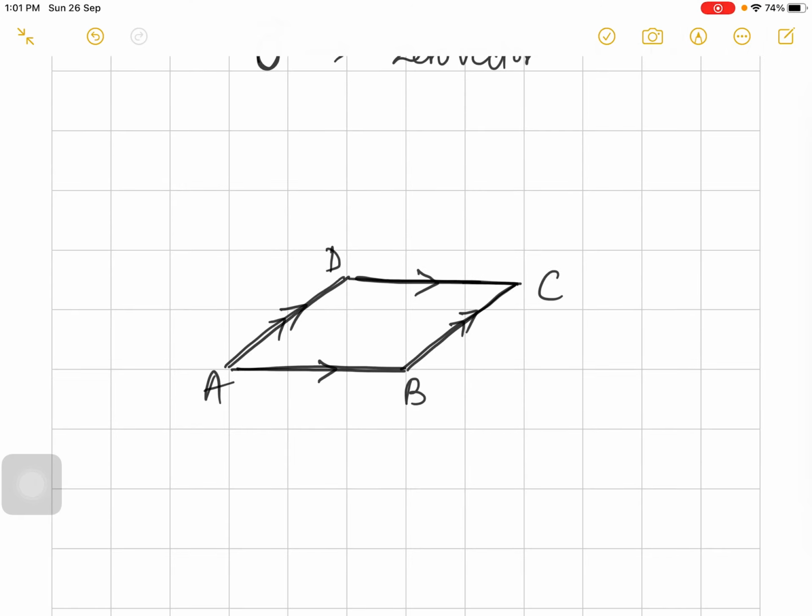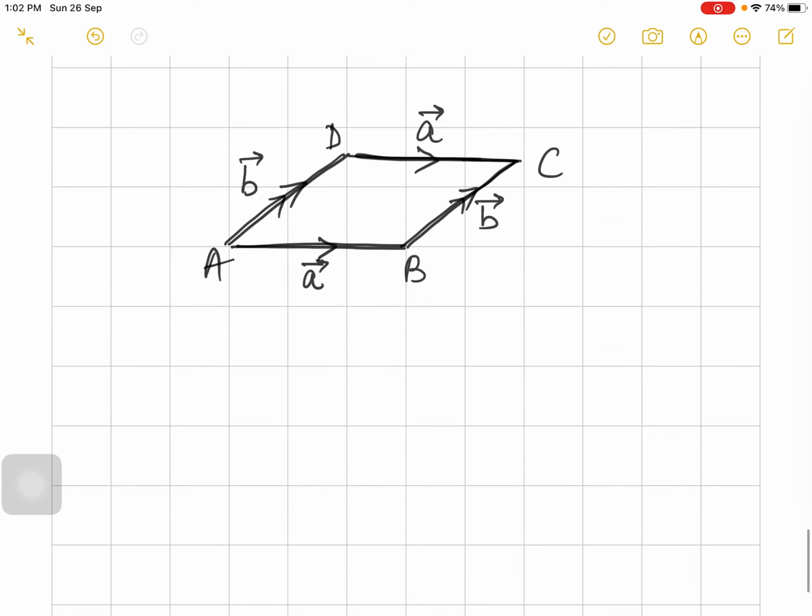If I told you that AB is represented by small a vector, and AD is small b vector, we can confidently say that DC will also be a vector and BC will be the b vector. So that's an advantage of having some knowledge of basic information, and based on that some more information can be created.